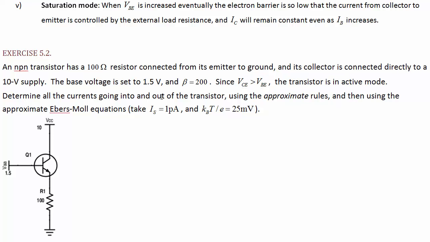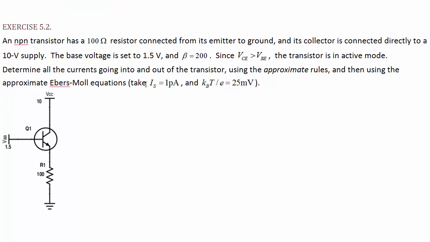Determine all the currents going into and out of the transistor using the approximate rules, and then using the approximate Ebers-Moll equations. For those, we're going to be given the transistor parameters IS and kBT over e.